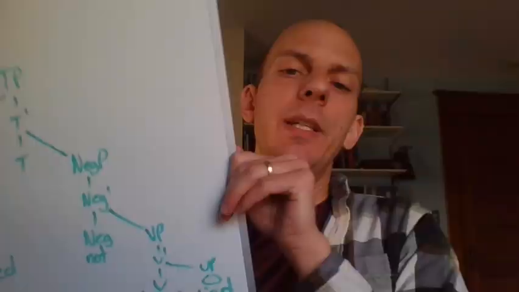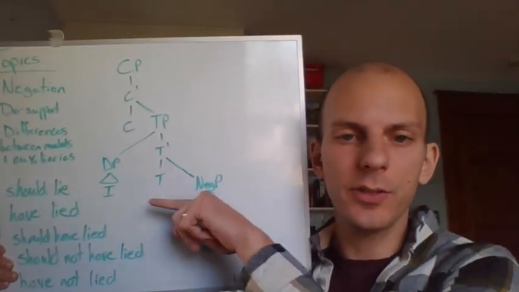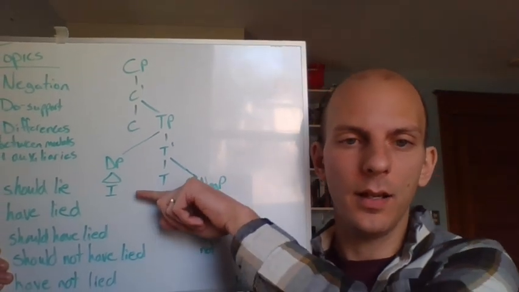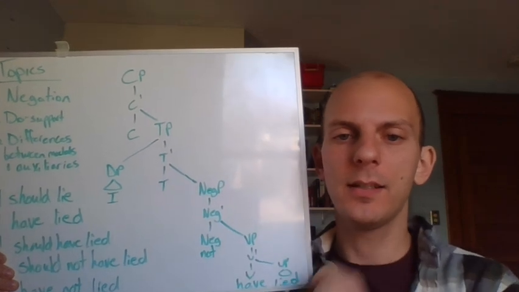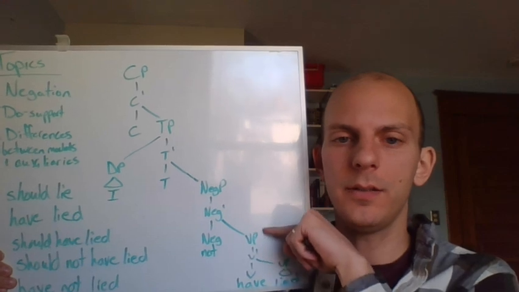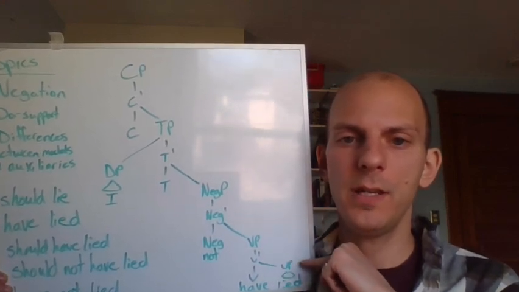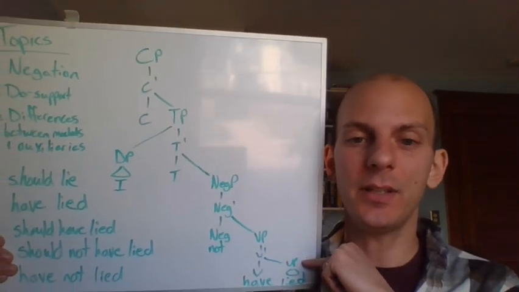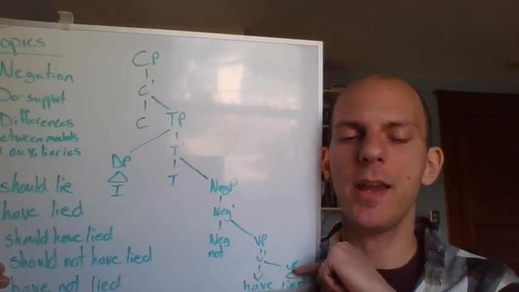So roughly, we'll talk about this in more depth, like I said, next class, but roughly the structure you get for something like, I have not lied, looks like this, where the have is generated lower under the VP. The have is generated lower onto a VP, which itself, this is terrible and you can't see it very well, generates another VP, which is lied. So that's how you get have lied, right?